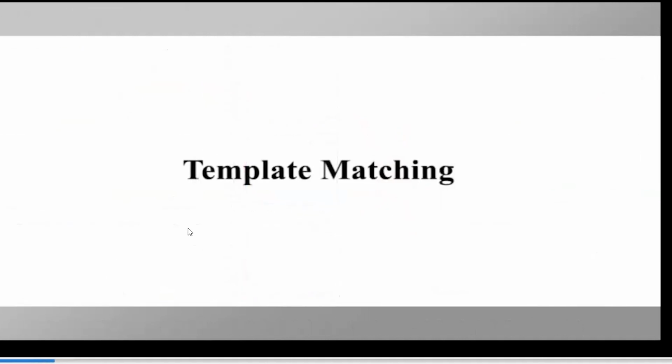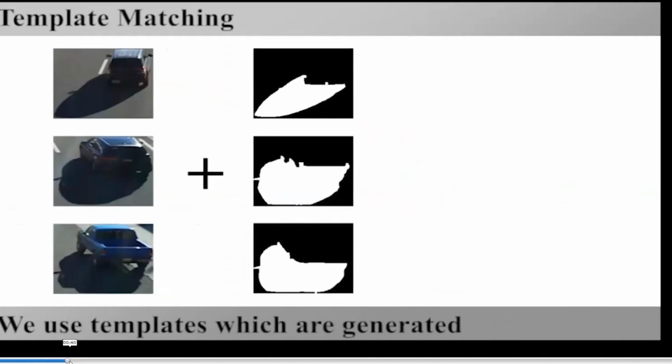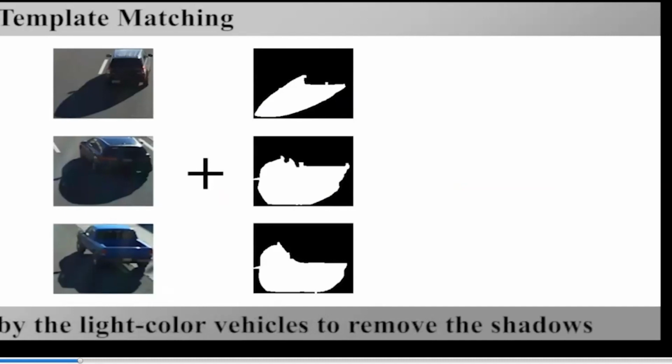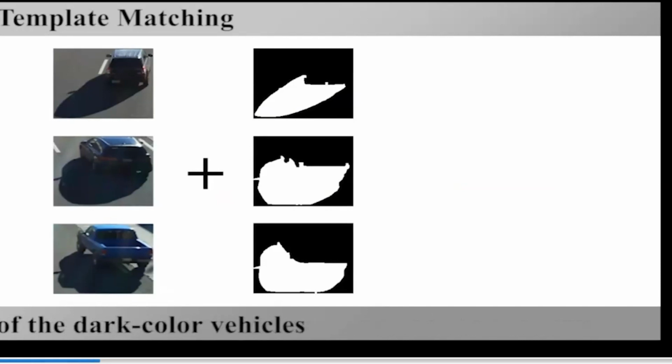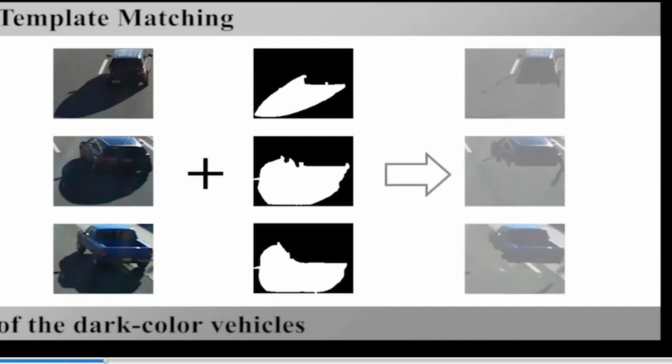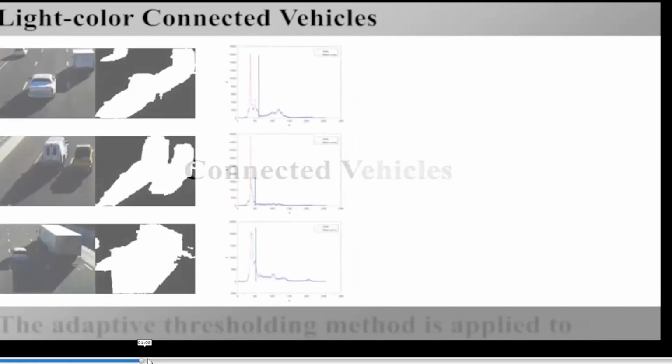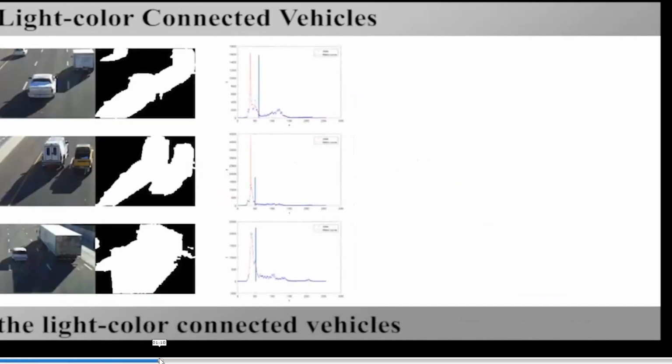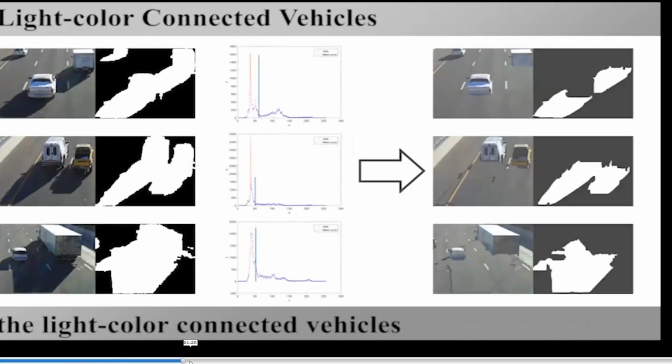So what we try to do is use the pattern discovery approach. We use the white vehicle as an example, remove the shadow, recognize such a pattern, and apply it to the black vehicles, the dark color vehicles. And we can successfully remove the shadow for the dark vehicles.